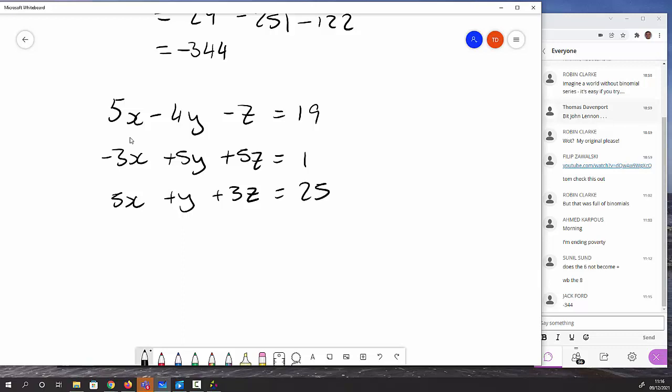Okay, so we've now got 3 simultaneous equations with 3 unknowns. So 3 equations, 3 unknowns, which means these are soluble. Question is, how are we going to do it?